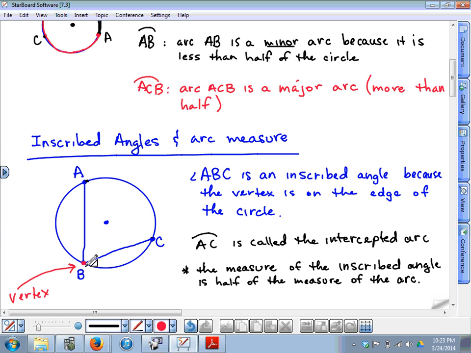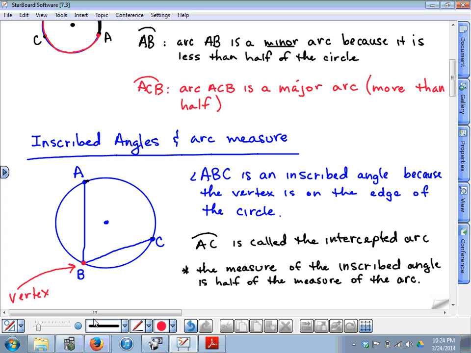That's the characteristic of what's called an inscribed angle. So here angle ABC is an inscribed angle because the vertex is on the edge of the circle. That's important. The vertex has to lie directly on the edge of the circle.